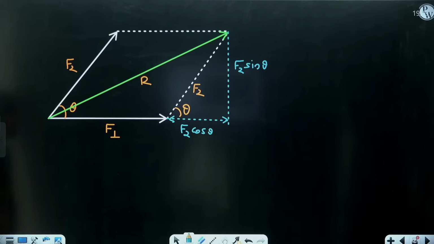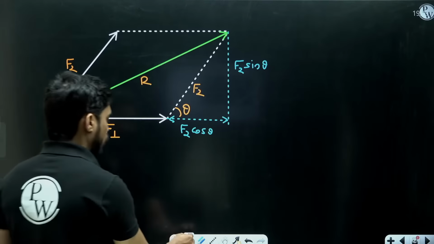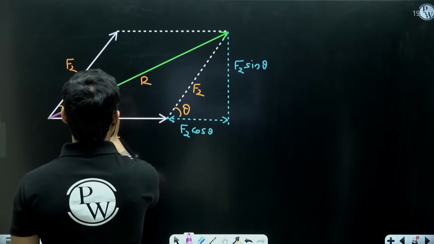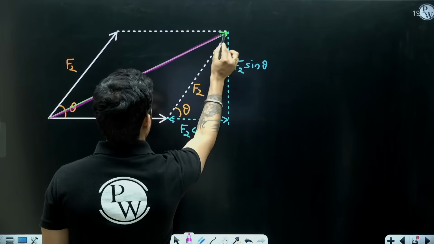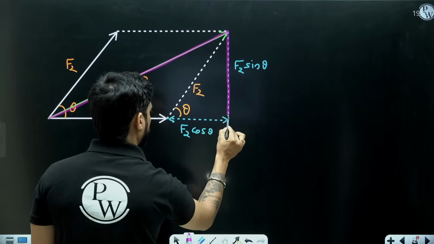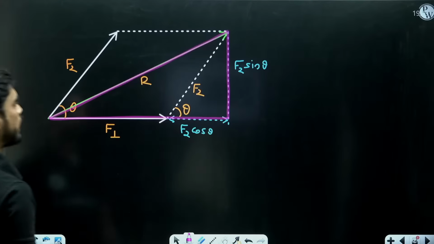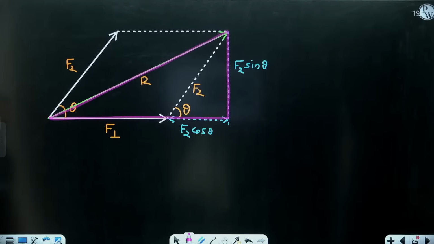Right? Now look at this triangle. Can we apply Pythagoras on this triangle?